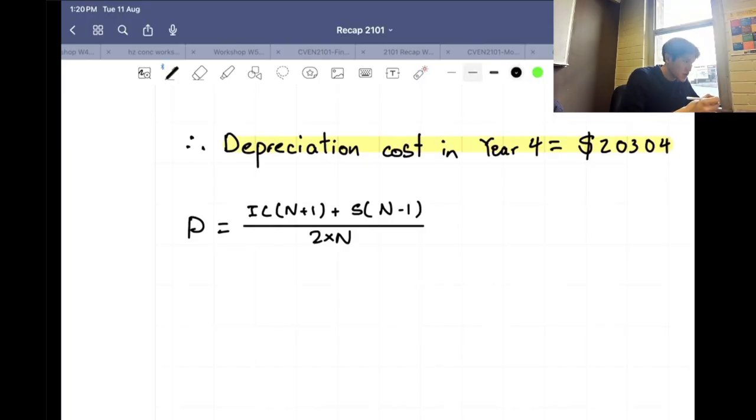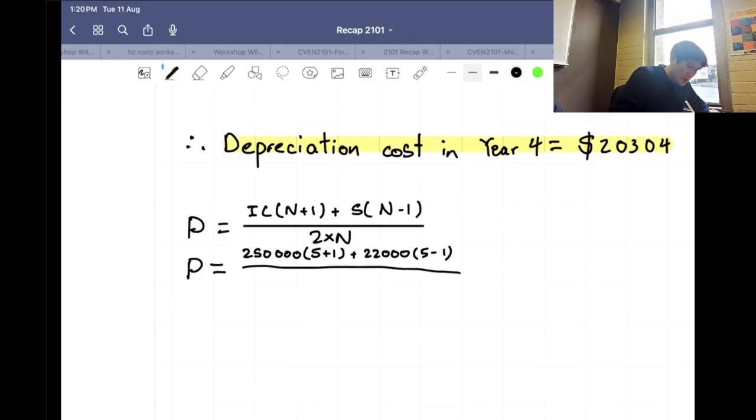So what you want to do is just fill everything out. P is equal to the initial cost of the equipment, which is 250,000, times the equipment life of 5 years plus 1, plus salvage value of 22,000 times 5 minus 1, all over 2 times 5.